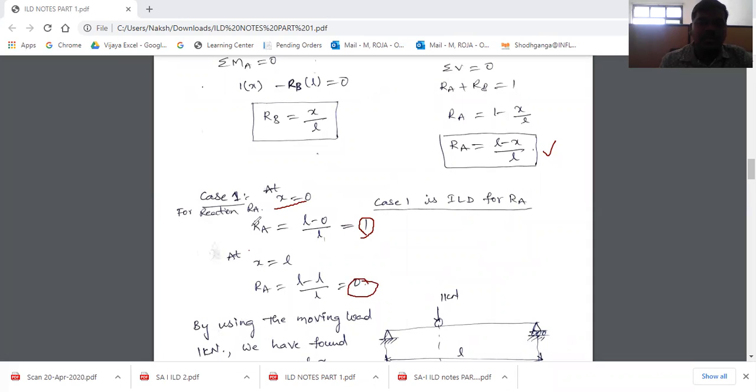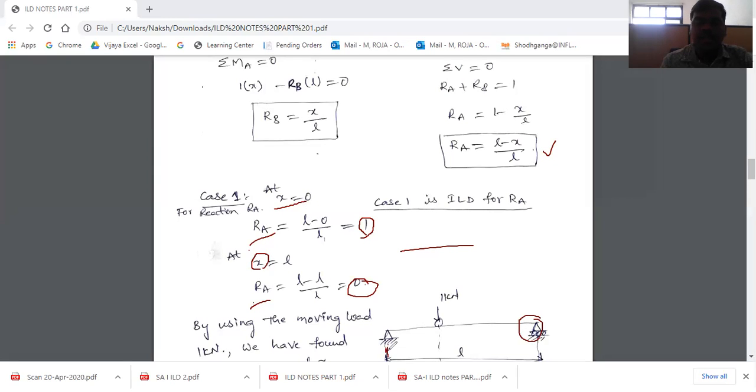You must observe the values of RA when x is equal to 0 and RA when x is equal to L. What does this x represent? That x represents the position of the unit load. That means if it is 0, the load is at A, and if it is L, the load is at B. So what does this RA do at B?